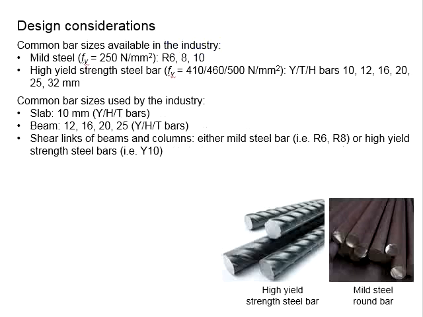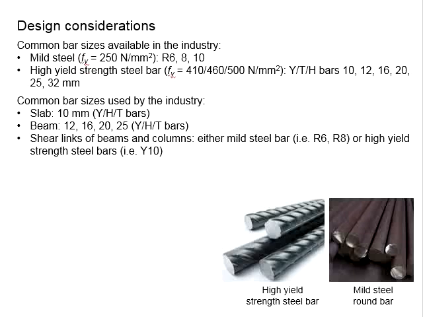Now we will proceed with our discussion on the common materials available in the industry. Of course, there are more, but these are the common sizes that a typical project will use. First, let us look at the common bar sizes available on the construction site. There is mild steel bar, for which the specified yield strength in your design is 250 Newton per mm square, and it is normally given in the sizes R6, R8, and R10.